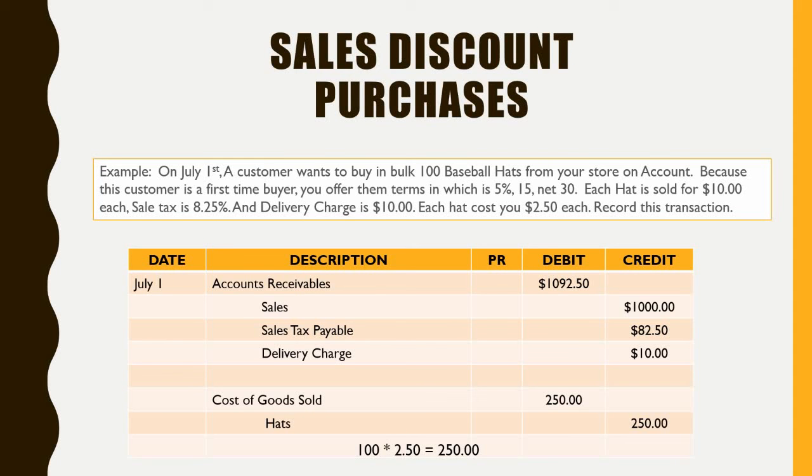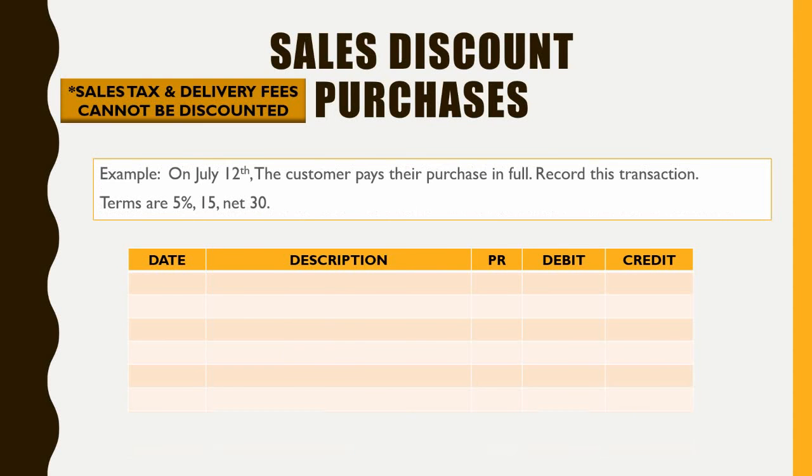I sold 100 hats at $10 each, so my original total sales price was $1,000. That's the only amount that I can discount. I can't discount tax, and for sure I cannot discount delivery. So I can only take the discount off of the $1,000 that I sold.